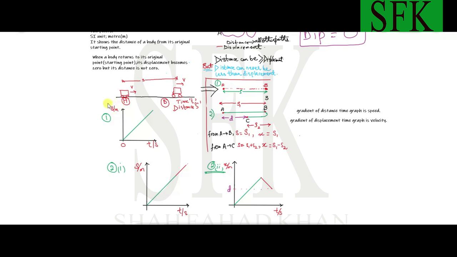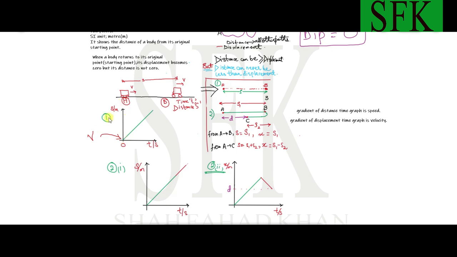The y-axis represents the displacement. It's the gradient that represents the velocity, and at the point 0 as well, this trolley has some velocity v, which is equal to the gradient of the graph, because the gradient is still constant.